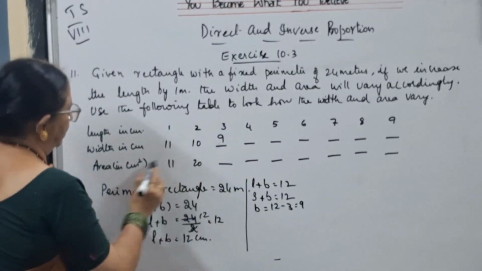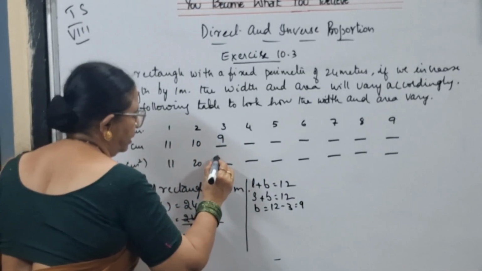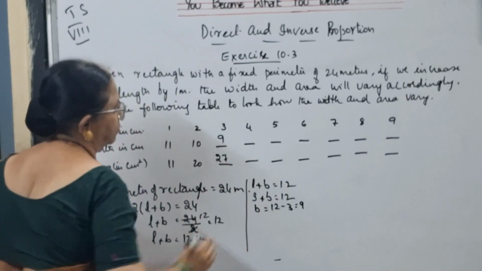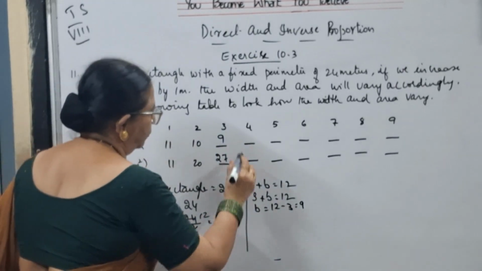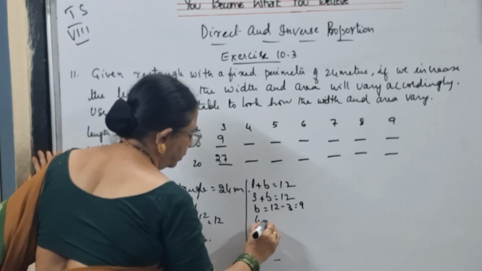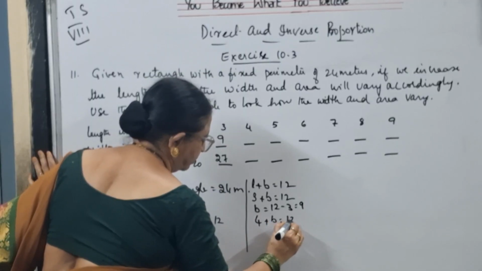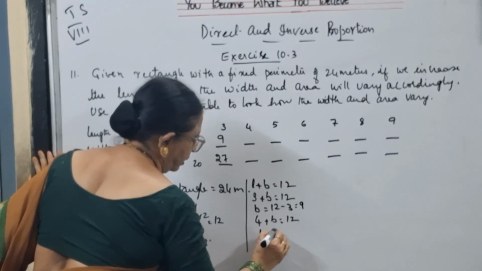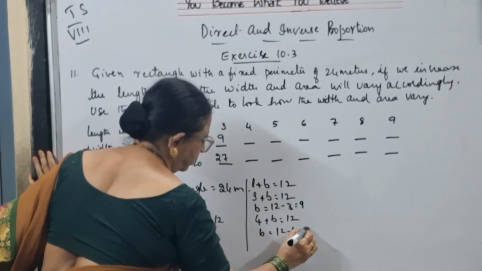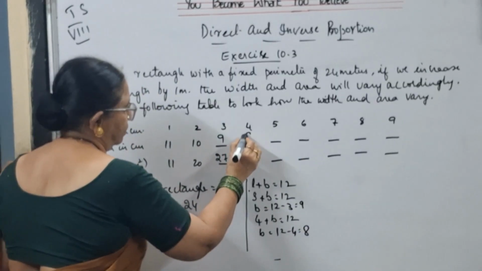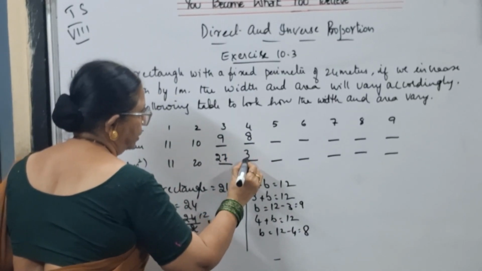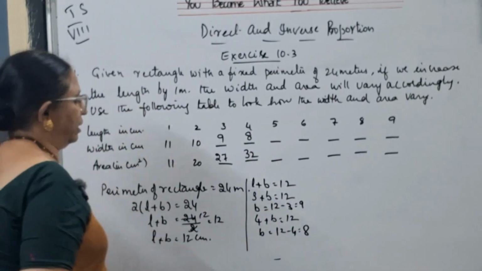If B is 9, area is L into B, 9 3s are 27. Next, if L is equal to 4, 4 plus B is equal to 12. So B is 12 minus 4, that is 8. 4 8s are 32 is the area.